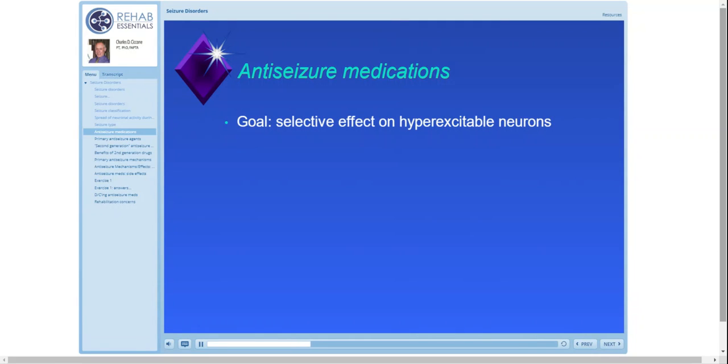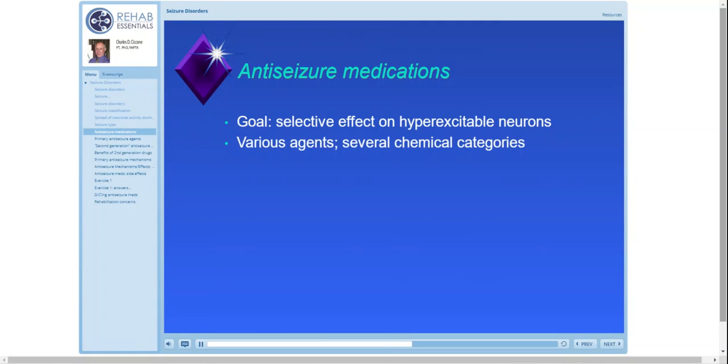It's not hard to control these hyperexcitable neurons. The trick is to be selective. So selectivity is the key term in this goal. If we can keep the neurons that start the seizure under control, that's good. But we want to do that without impairing the function of all the other neurons, the normal neurons, throughout the brain. And that's a lot harder.